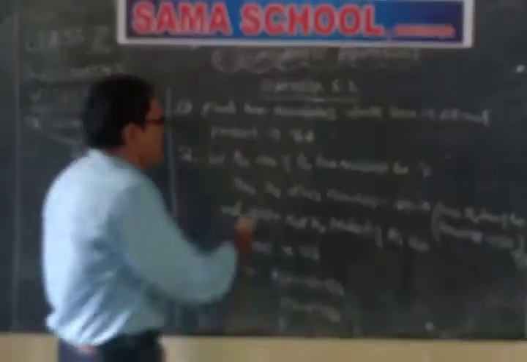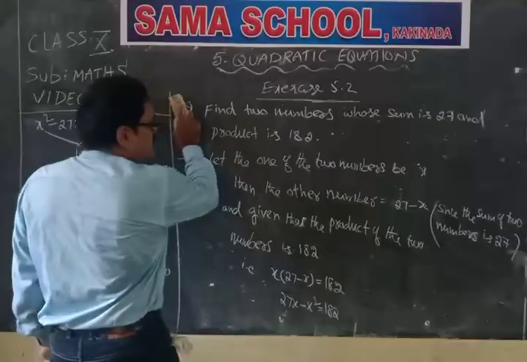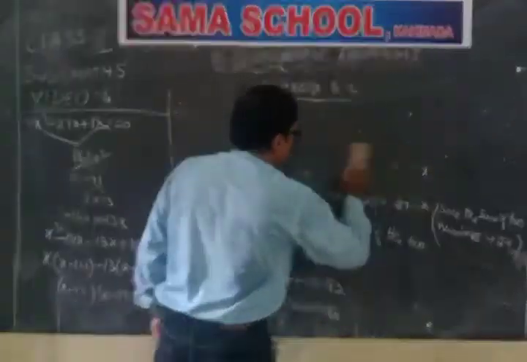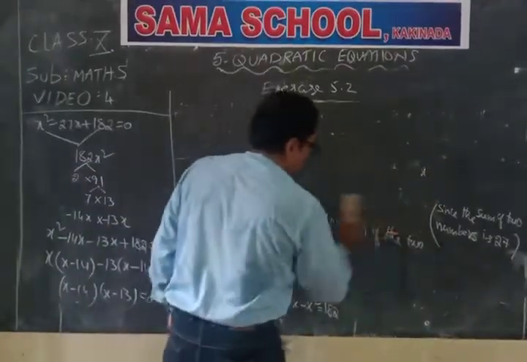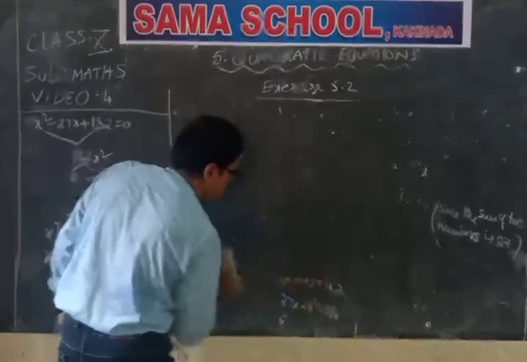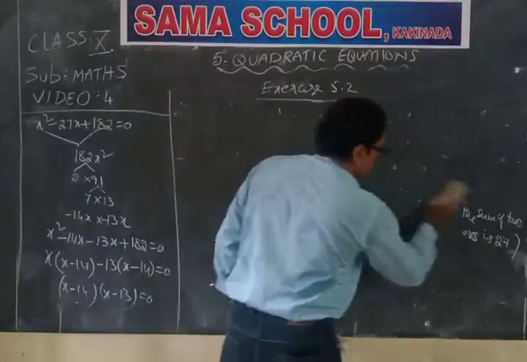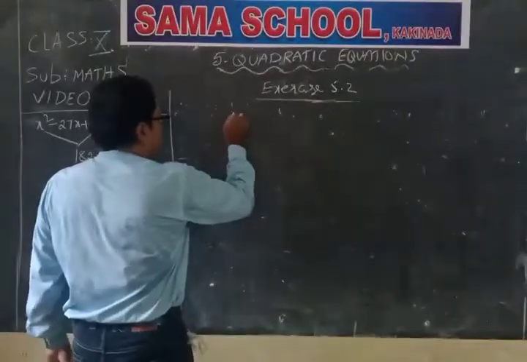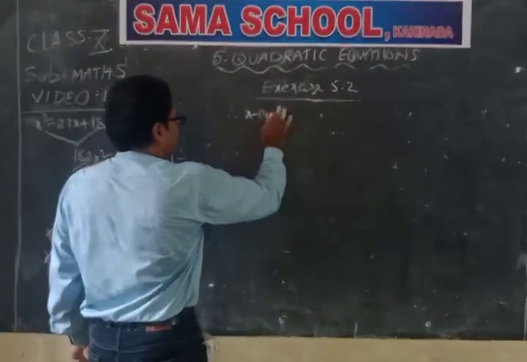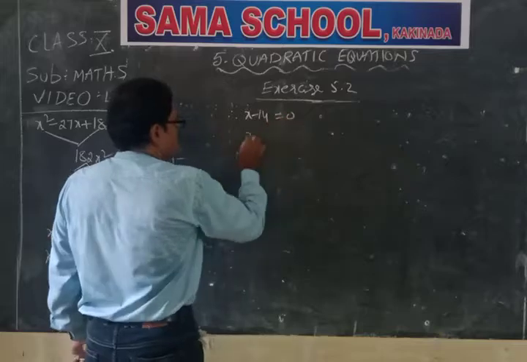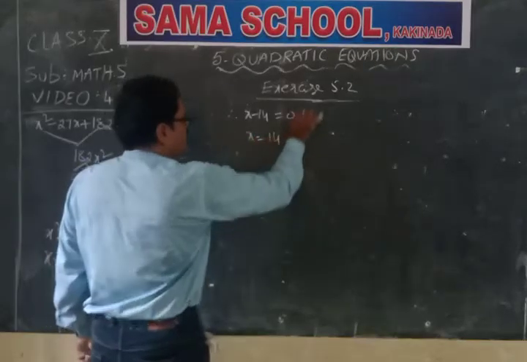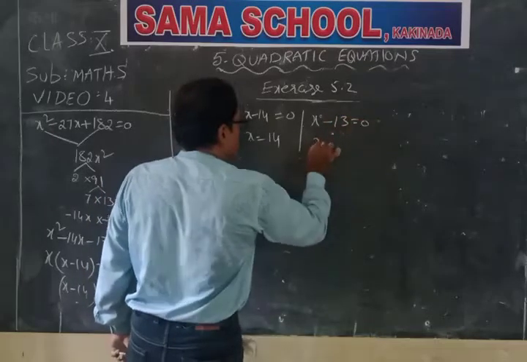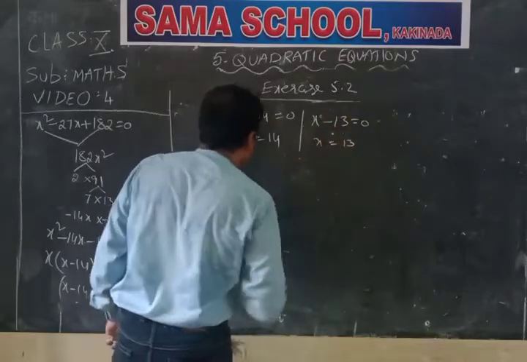Now each linear factor is equal to 0. Therefore, x minus 14 is equal to 0, x is equal to 14, and x minus 13 is equal to 0, x is equal to 13.